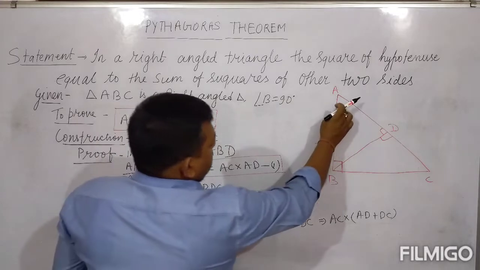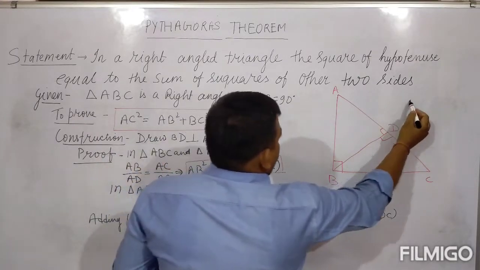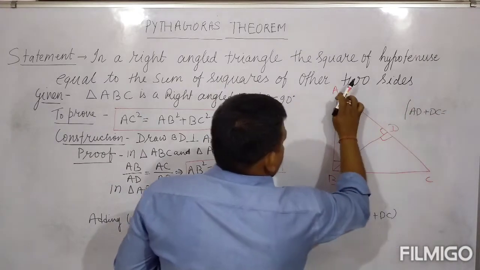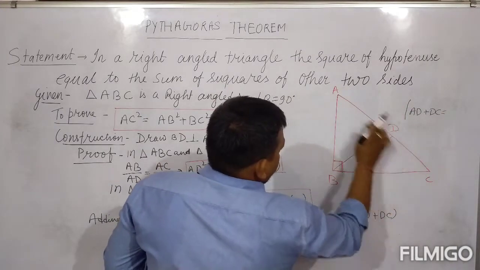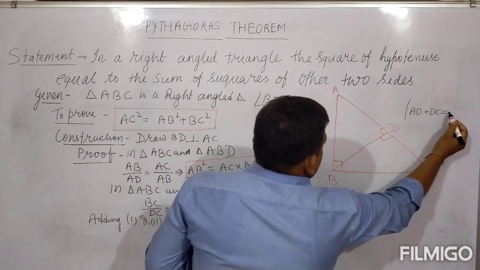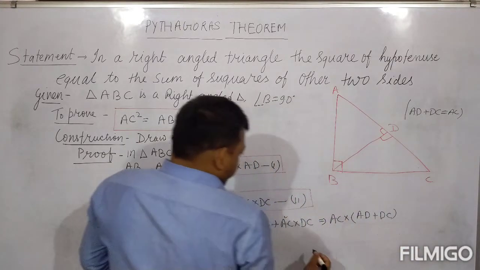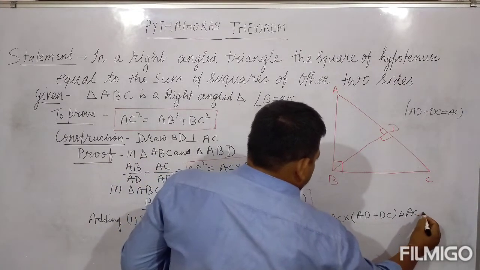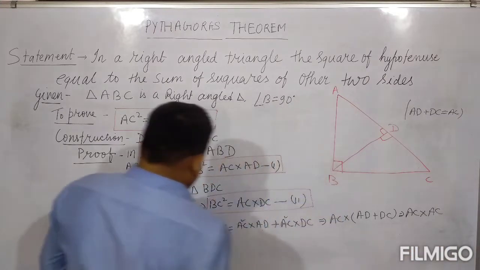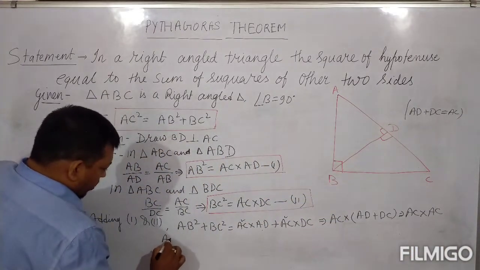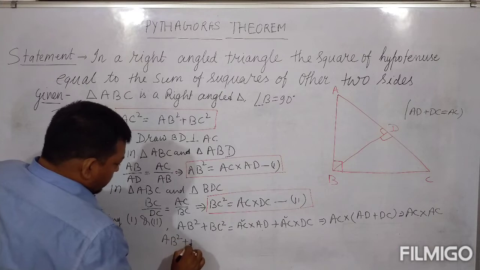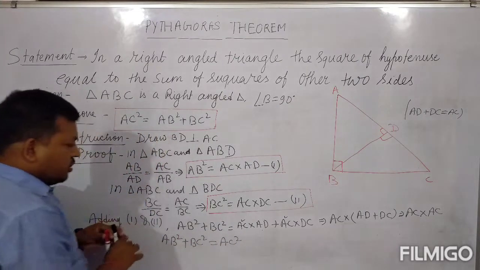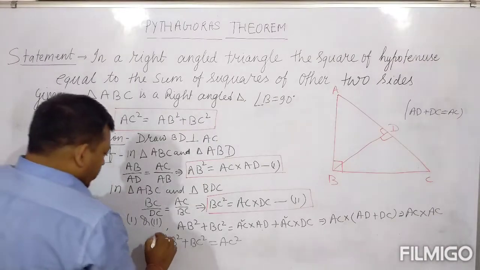And AD plus DC is equal to what? AD plus DC equals AC. So this becomes AC into AC. Ultimately we write AB square plus BC square equals AC square. This is the required relation we had to prove.